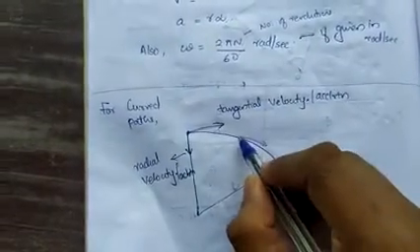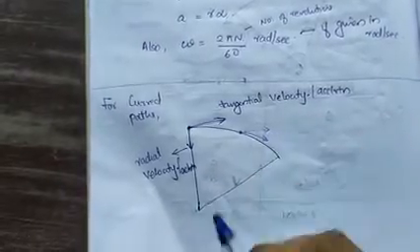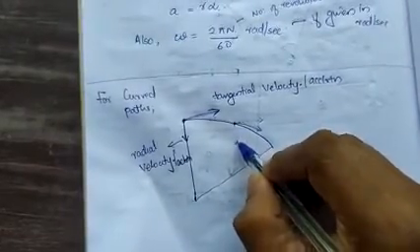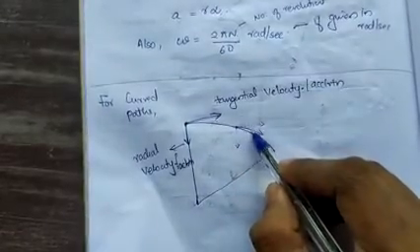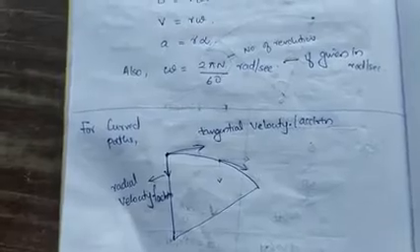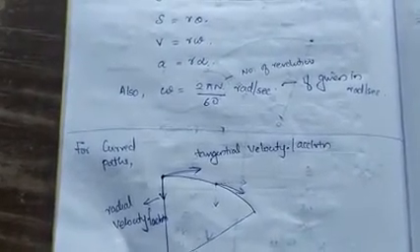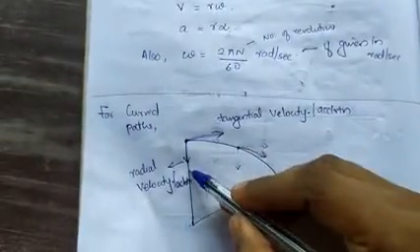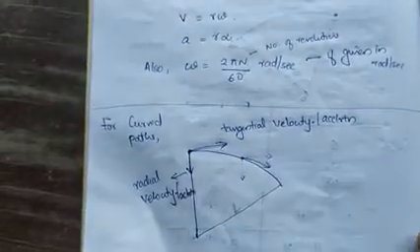This means that there is some velocity moving in x direction and some towards its radius, that means negative y direction. The resultant of this will be the velocity. Clear? So radial velocity will act along this direction and tangential velocity will act along this direction.